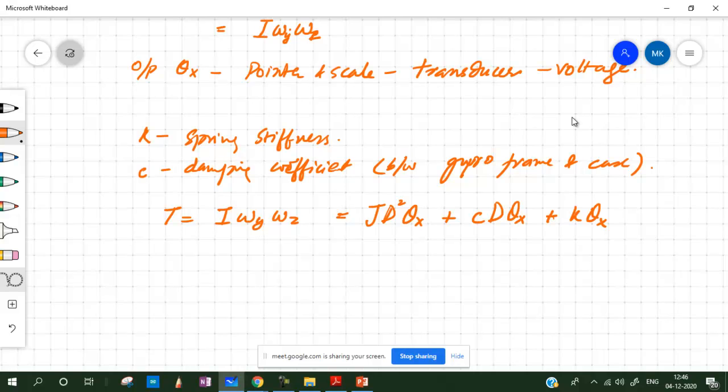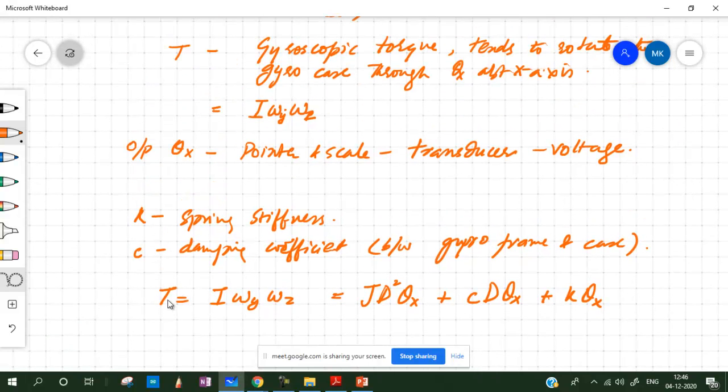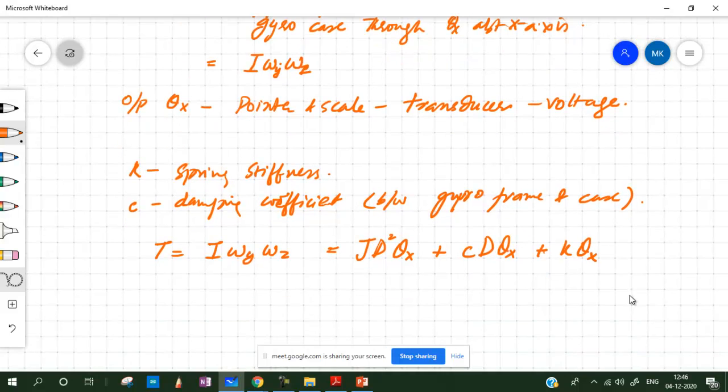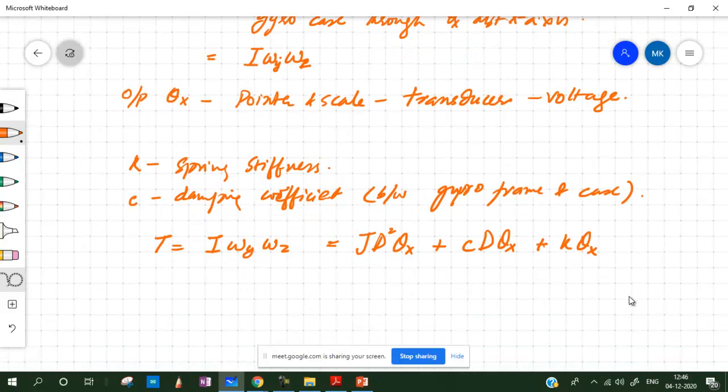If you correlate it here, the equation I wrote, torque is equal to I omega y omega z, we understood that, but what is this J D square? D is nothing but the differentiator operator, isn't it? So d square by dt square of theta x, which is theta double dot x. If you want, I can write it here also for clarity. So this is J theta x double dot plus C theta x dot plus K theta x. This is nothing but the spring mass damper equation, but it is used here for rotational motion.